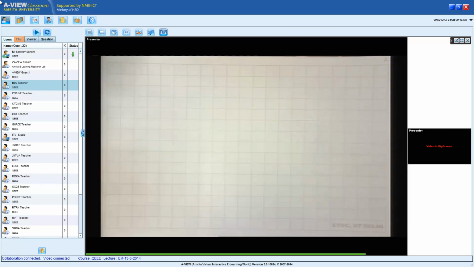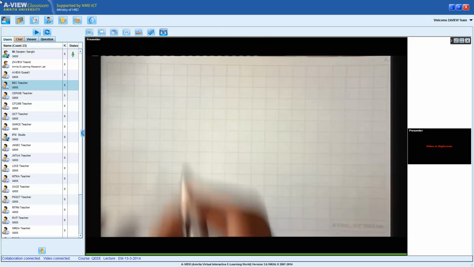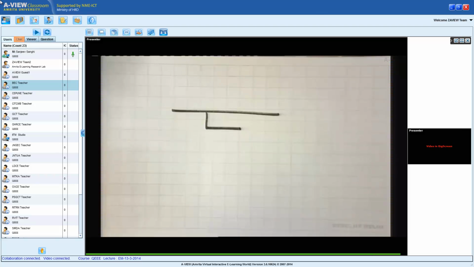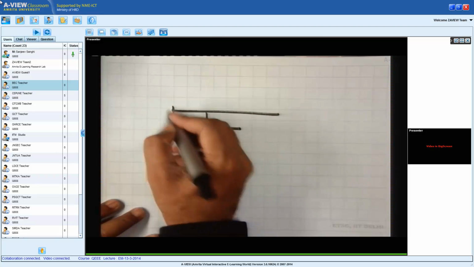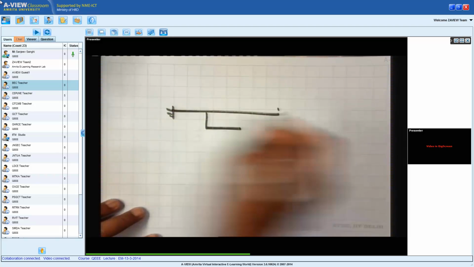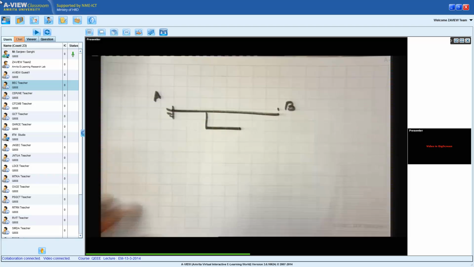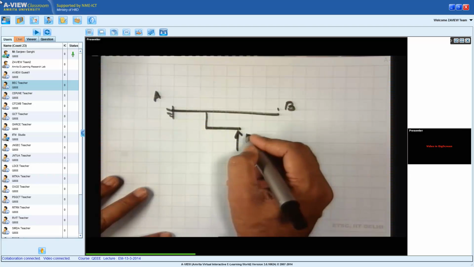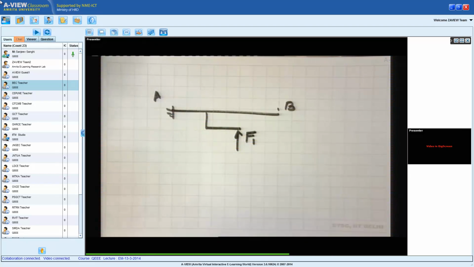Now, the girl from CE Pune had asked a question about the concentrated moment, and let me give you an example where the location of the concentrated moment becomes important. Suppose I have a beam AB like this, and on this beam there is an L-shaped protrusion, and on this extended part a force F1 acts.